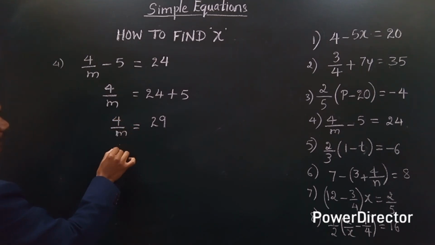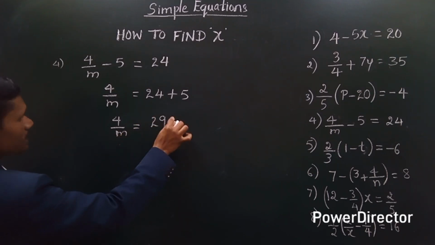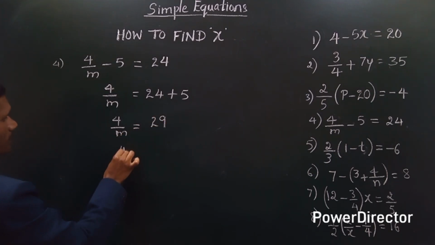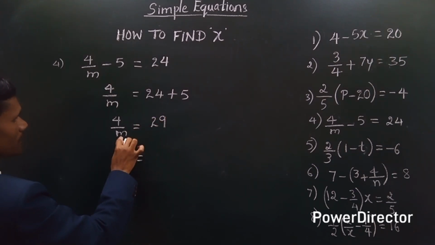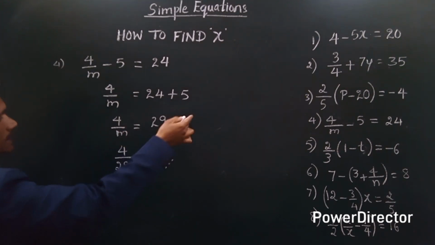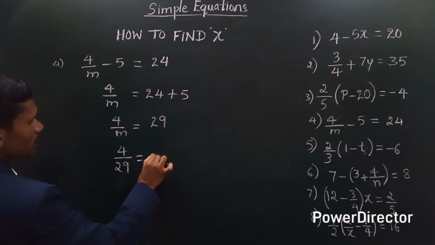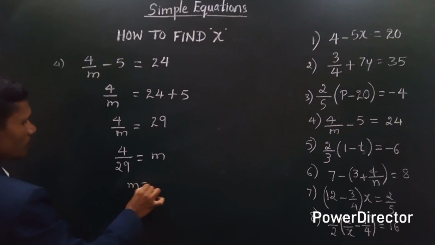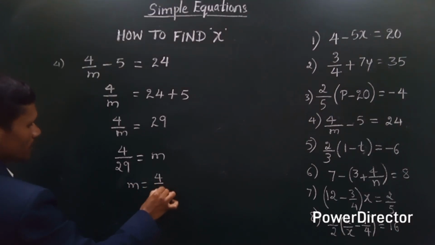So what can we do here? Just let us transpose this m to this side and this side. What happens is, see, 4, this we bring to the other side. This becomes 29. If you take it to the other side, this becomes division. This becomes the denominator. That side this becomes the numerator. That is m. So m is equal to 4 by 29.